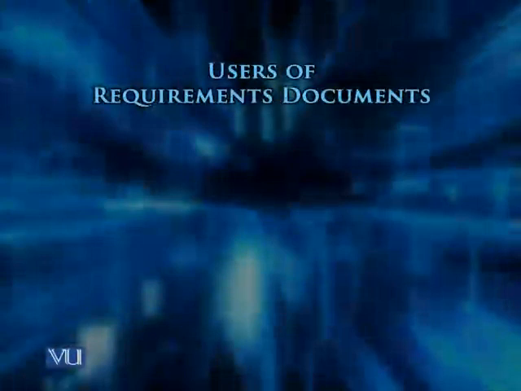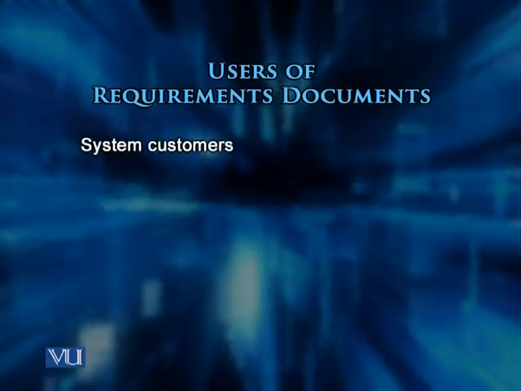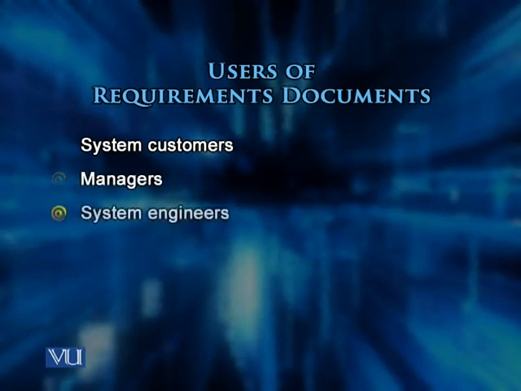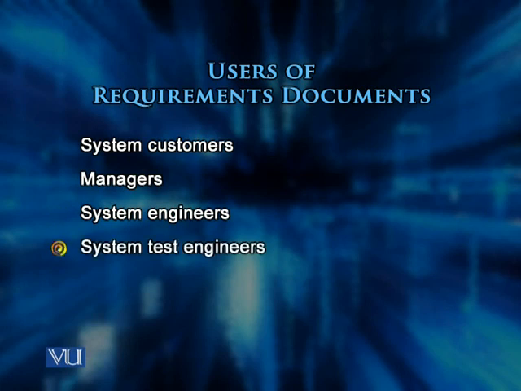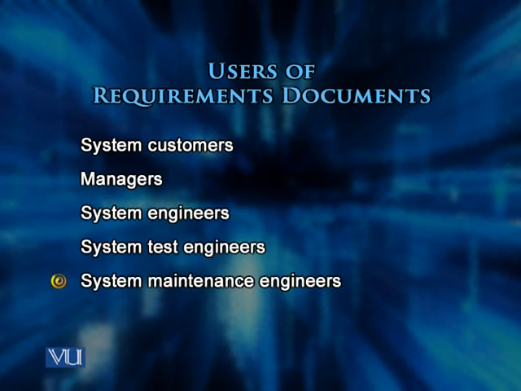Let's look at the uses of the requirements document. There are primarily 5 categories of users. System customers, managers assigned with different tasks. Then you have system engineers that can include designers as well as developers. Then you have system test and system maintenance engineers.